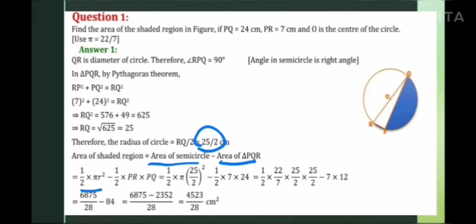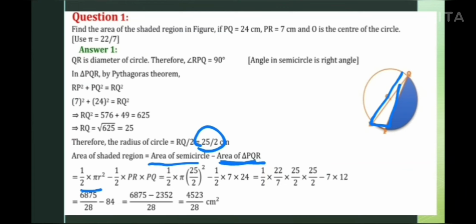So you can easily find the area of this minor sector by the formula theta by 360 degree into pi r square, where theta is equal to 60 degree, r is equal to 6 centimeter. So first of all, find the area of this minor sector.